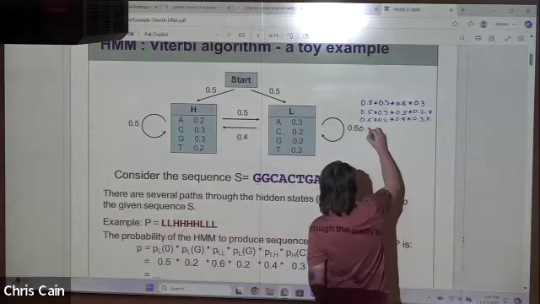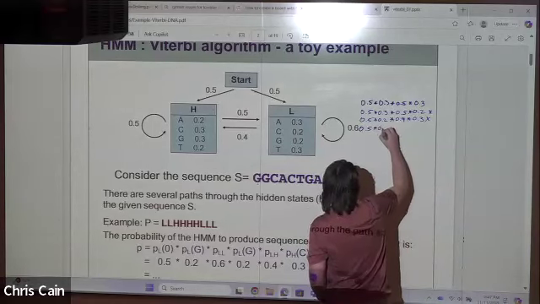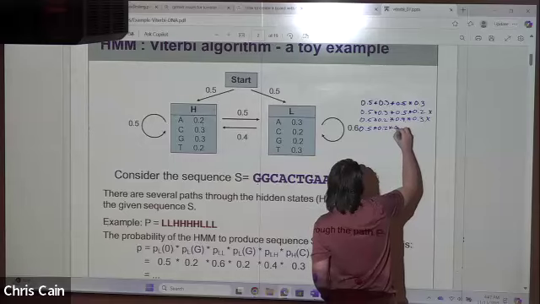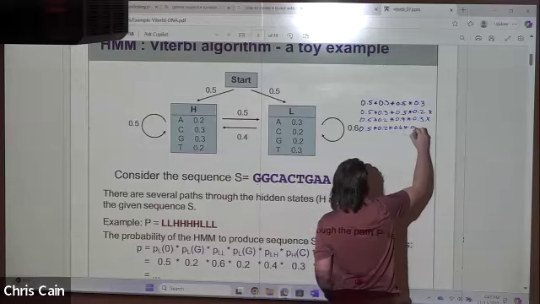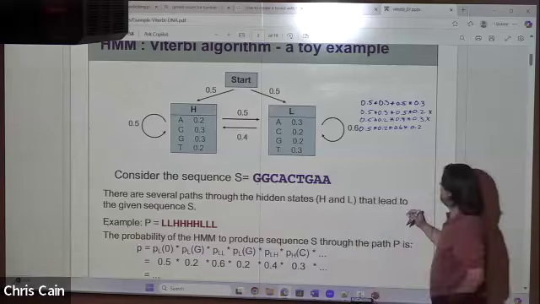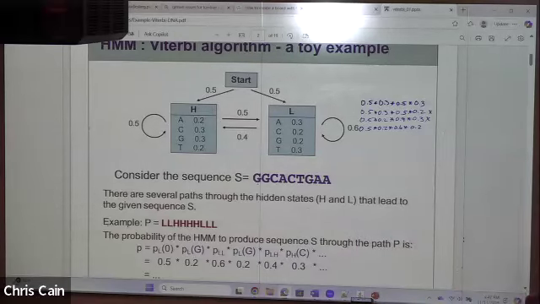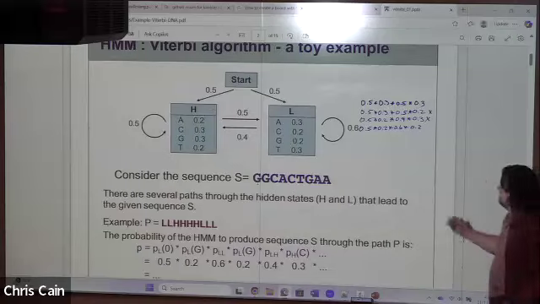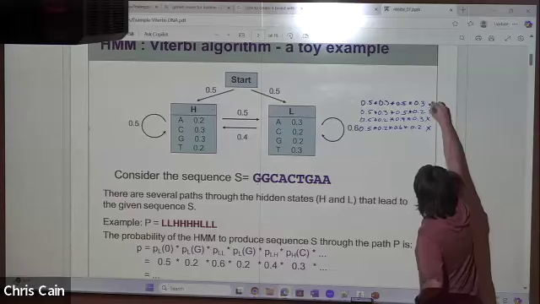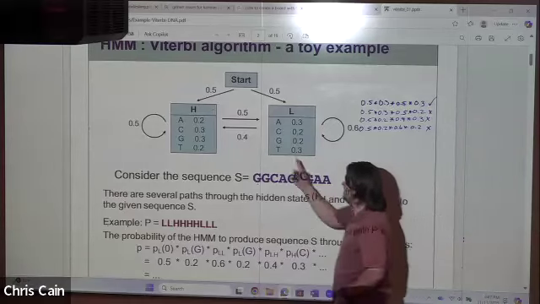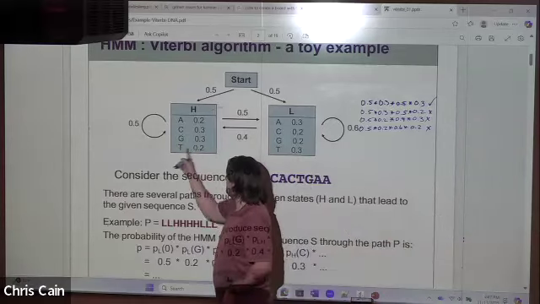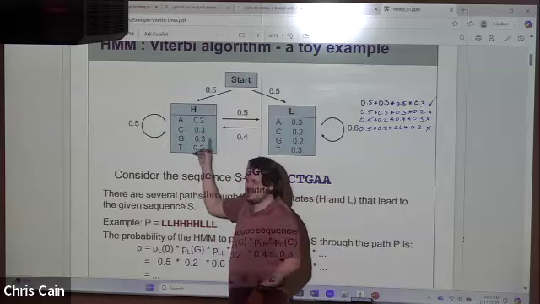Or we started in low, expressed in low, stayed in low, expressed in low again. Is that higher or lower than the first one? That's also lower, but you'd have to calculate it out to be absolutely sure. It is lower. So the best path, the most likely path is right there, that we started in high, expressed the G, stayed in high, expressed the G.